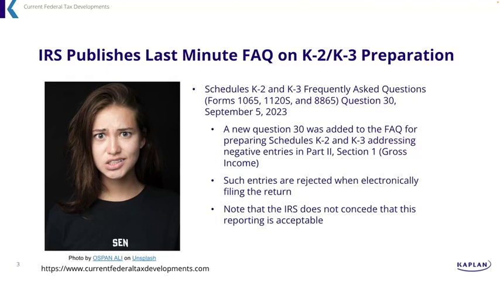And in fact, if there was something that you thought should be negative there, then presumably it should be an expense that was directly related to whatever type of income you were talking about, but not really a gross income number.